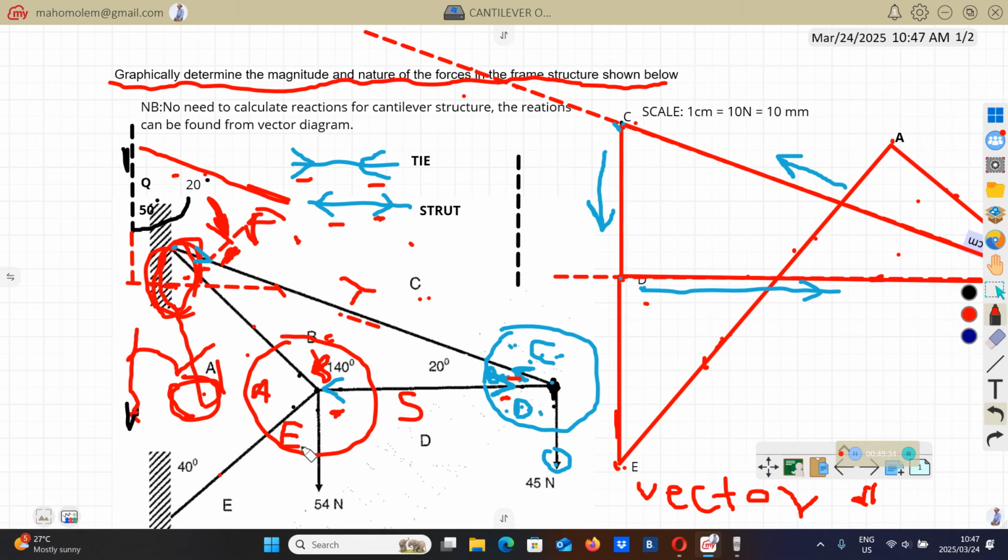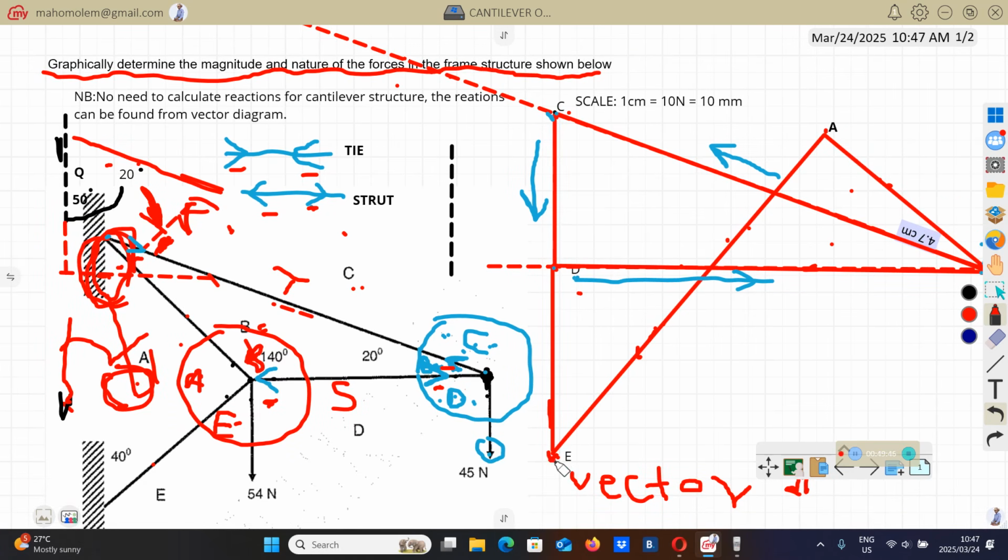You will move clockwise. Let's start from here. You can start at any point. Let's start from E to A. From E to A, you will be moving up, so you will draw an upward arrow there.